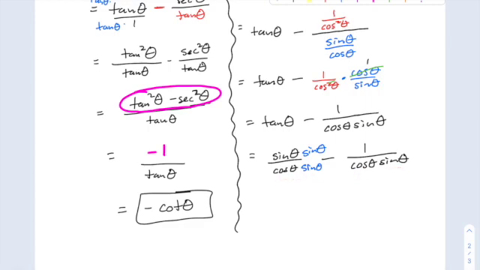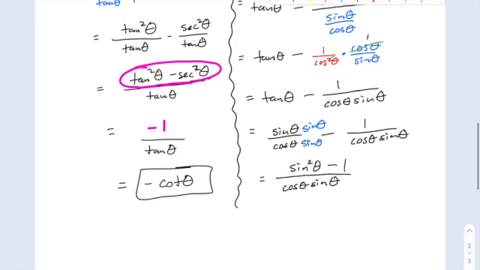So I'm going to leave that second fraction alone. So that's going to be cosine of theta, sine of theta in the denominator. And up top there, that's going to be sine squared of theta, when I do that sine times sine, minus 1. Now, sine squared of theta minus 1, that's a Pythagorean identity, right?